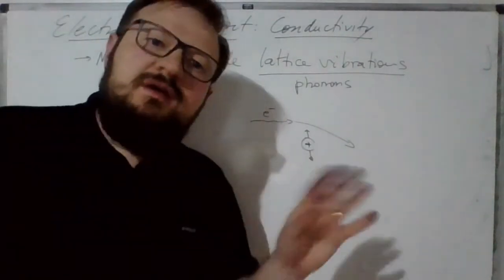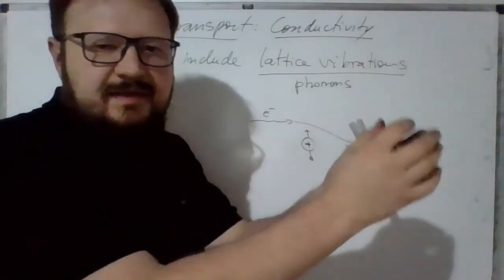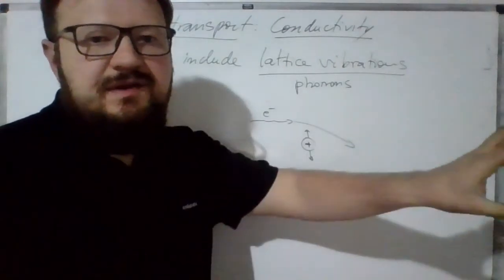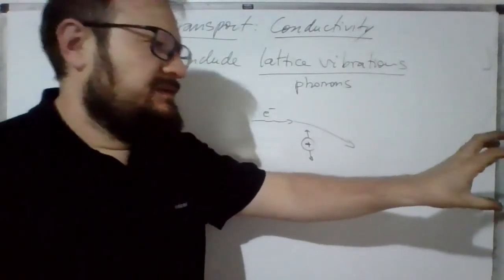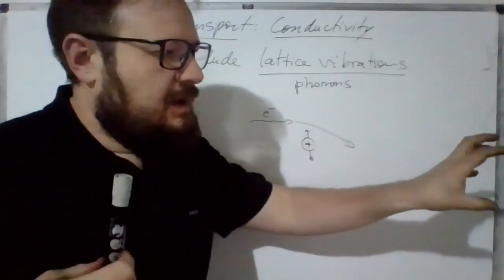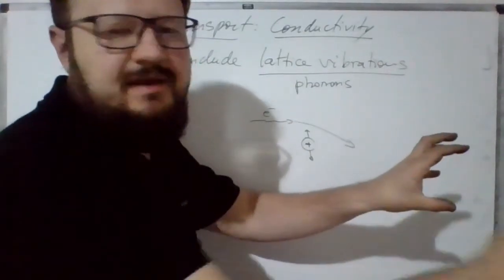You could see it another way. Suppose there is something which at temperature T equals 0 is nearly static, and the electron moves along its side here.